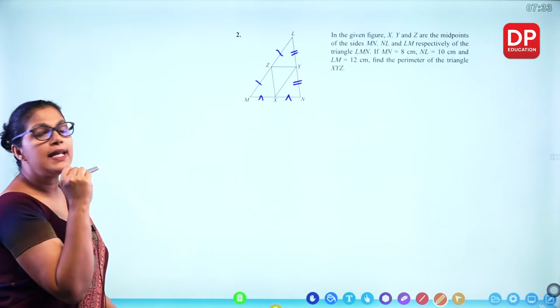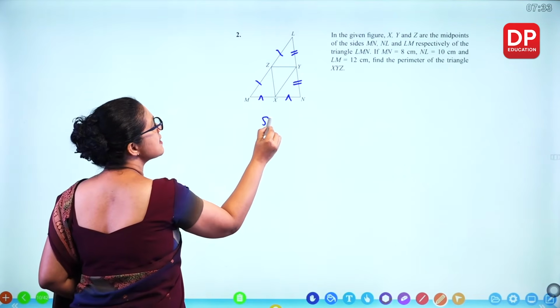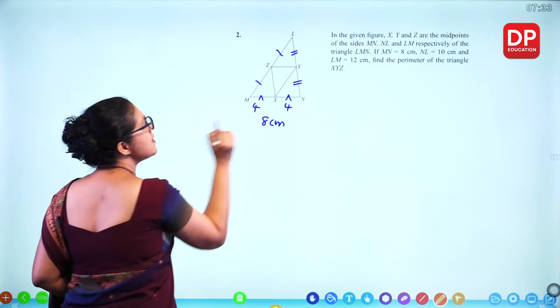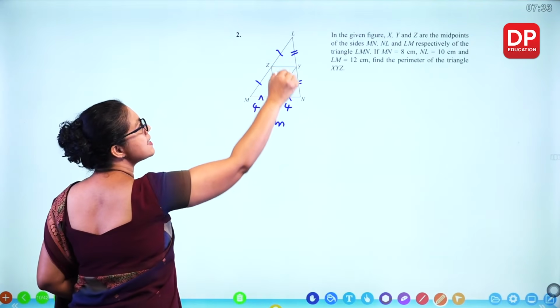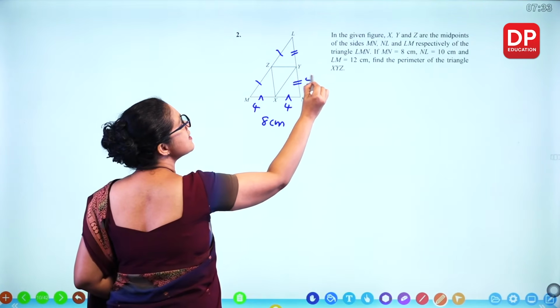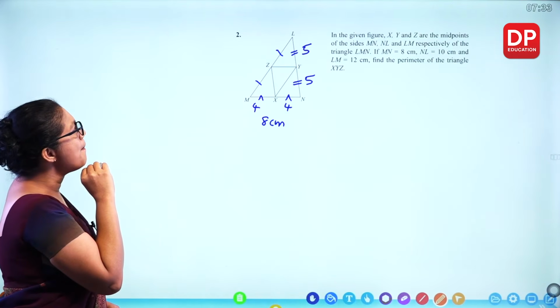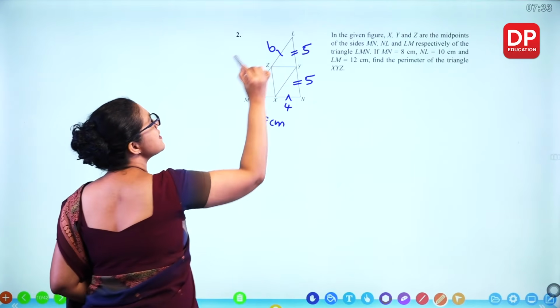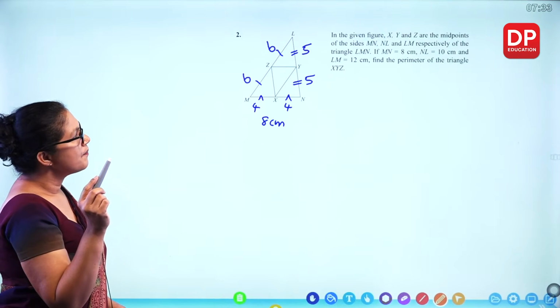If MN is 8 centimeters, definitely we know this is 4 and this is 4. NL is 10, so this is 5 and this is 5. And LM is 12. So this becomes 6 and 6 because X, Y, Z are the midpoints.